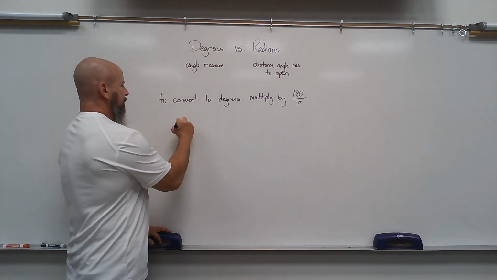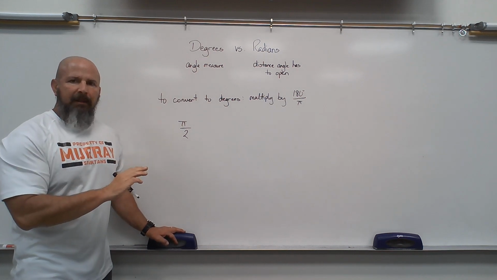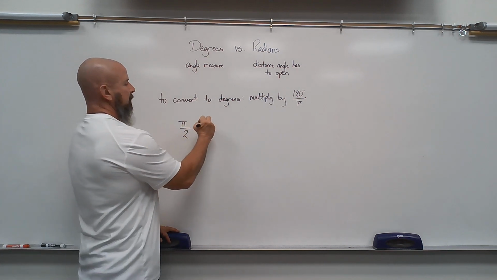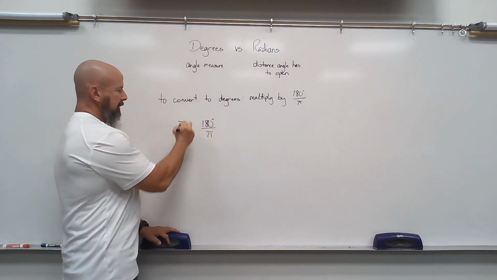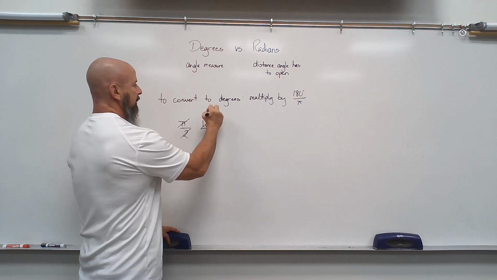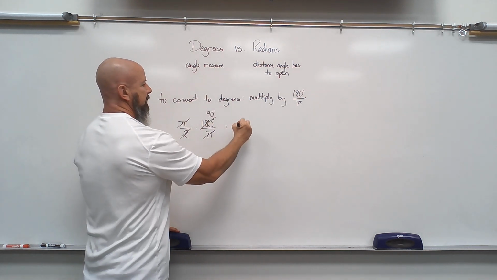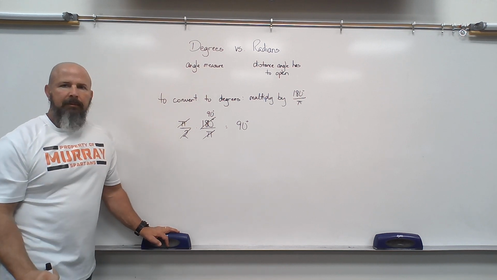Let's say I have pi halves. There's my radian measure. I want that in degrees. I'm going to multiply this by 180 over pi. Let's see, the pi's cancel. 2 goes into 180 90 times. That would be a 90-degree angle.